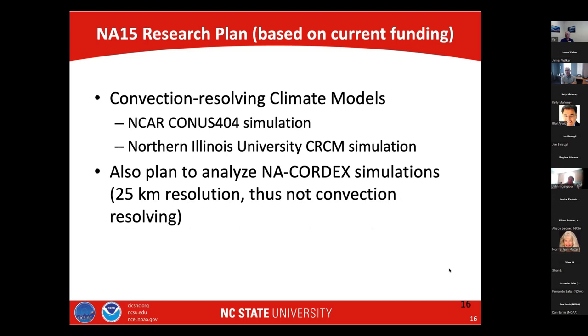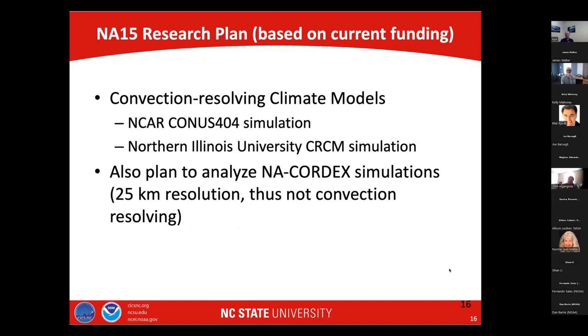So based on current funding that I have, I'm planning to analyze the NCAR CONUS 404 simulation data set. The CONUS 404 simulation is 4-kilometer spatial resolution. I've also been able to get access to another: Northern Illinois University has generated a 4-kilometer resolution data set, and I've gotten access to that data, so I'm planning to analyze that.